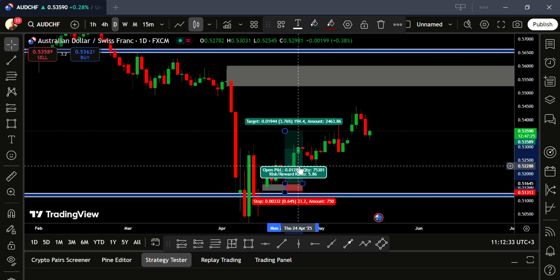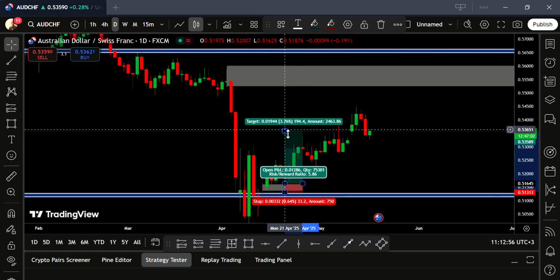Even if you lose 4, you'll still be in profits. Think about it guys, you need to lose 5 more trades in order for you to be in a drawdown. There's no way you're losing 5 trades consecutively unless you're risking 1,000 plus.